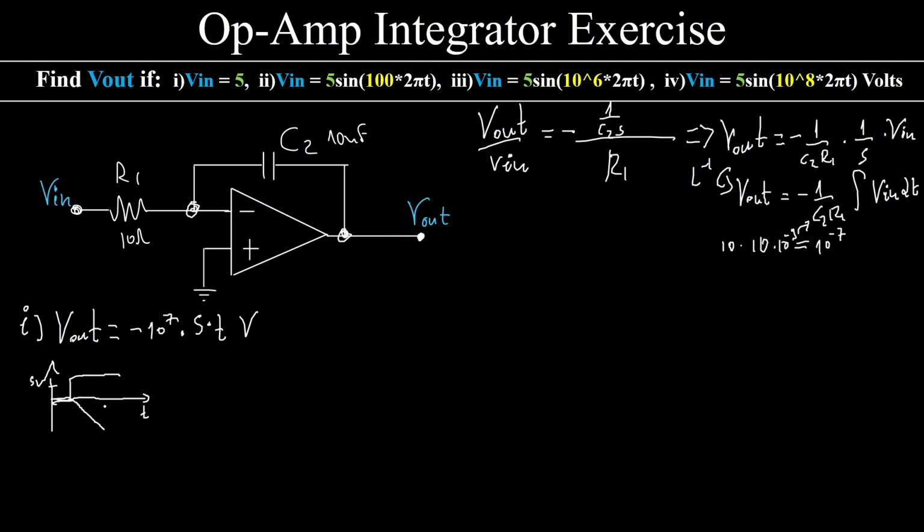And this tells me that, if this DC signal persists for about 1 second over here, how much will the value of the output signal be, which will be something like this.